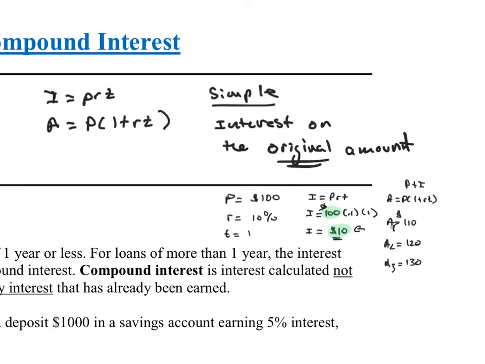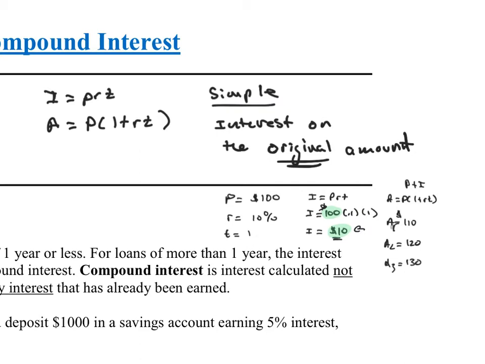That is simple interest. That is not how the majority of the real world works. The majority of the real world works on compound interest. So what's the difference between compound interest and simple interest? The interest for simple interest is always going to be $10 on this one. For compound interest, if I had compounding annually at 10% interest, $100, exact same problem, except it compounds.